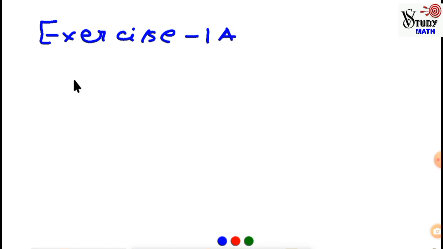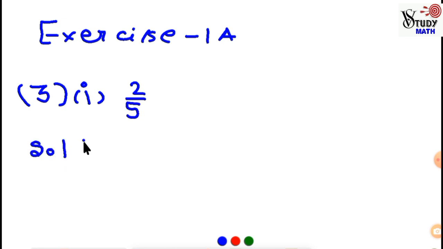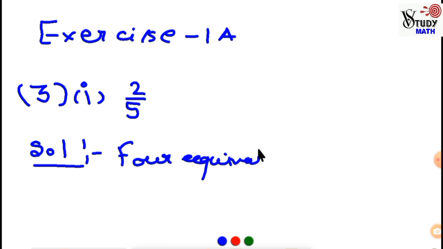Exercise 1A from the book, question number 3 part 1. The question is given here: 2 by 5, and we have to find four equivalent rational numbers.